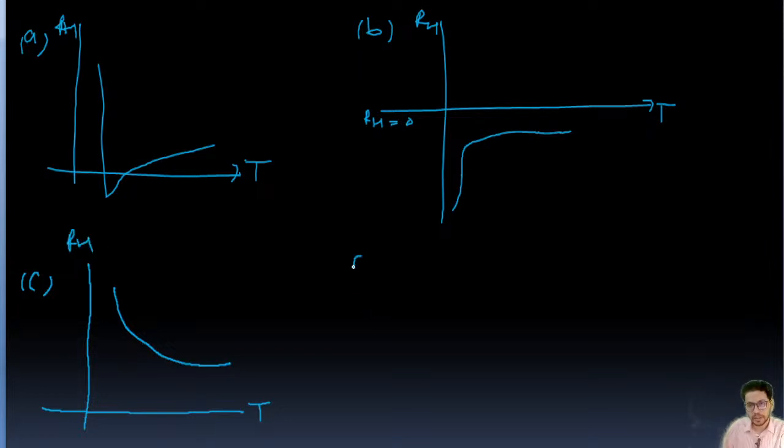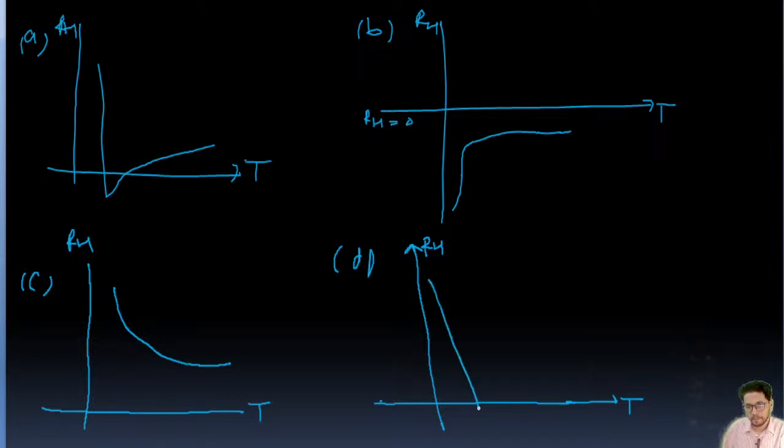And option D, very good question, the graph is like this, RH, this is T, temperature, and the graph is like this. Okay, this is not correct, some mistake.